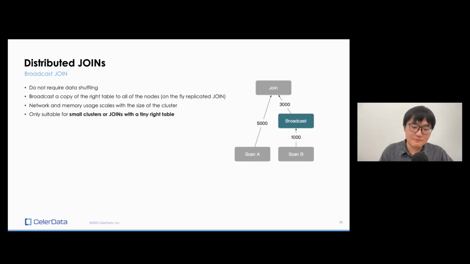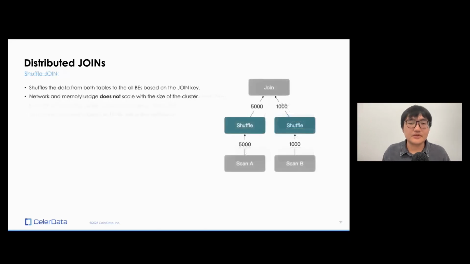You have a big fact table and a small dimension table, and you join the two together, and this is going to work okay. But if the right table is larger, you're going to run into a lot of network and memory issues if this is the only type of distributed join you support, right?